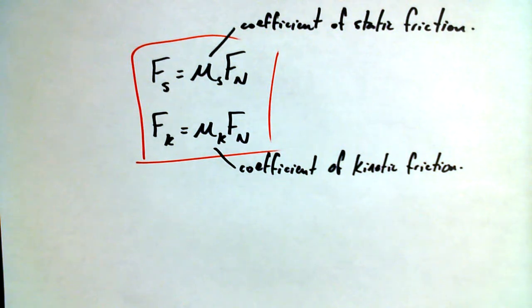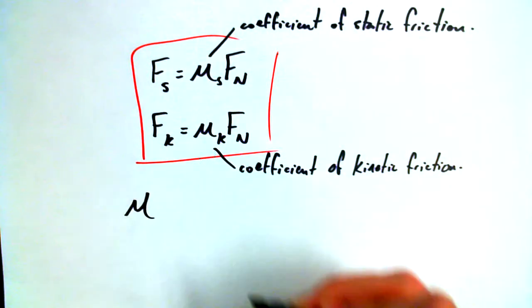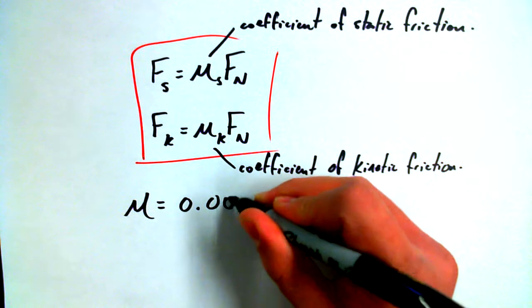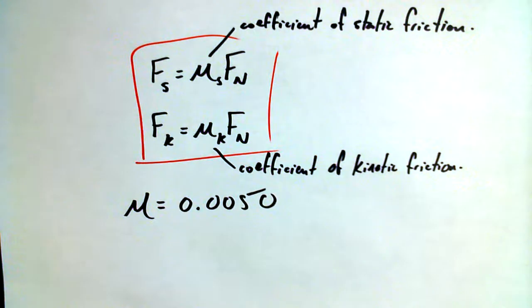So we've got our two methods for calculating friction, whether the thing is stationary or whether it's in motion. Now, if you're talking about wood rubbing against glass or whatever, you might be dragging any two surfaces against each other. But let's just say hypothetically, I did this experiment and I found one of the coefficients of friction for wood rubbing against glass to be 0.0050. Fine, whatever.